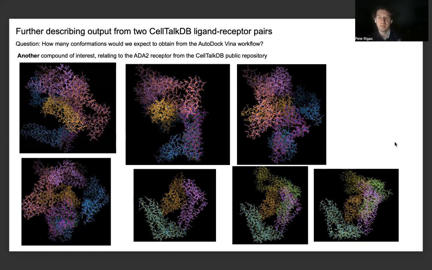And there can be several different characteristics of the three-dimensional structure of these compounds. If we compare these two receptors side by side, the TNR6 receptor in comparison to the ADA2 receptor that we described in the previous two slides, it's a ligand and receptor pair that has a much shorter amino acid sequence.